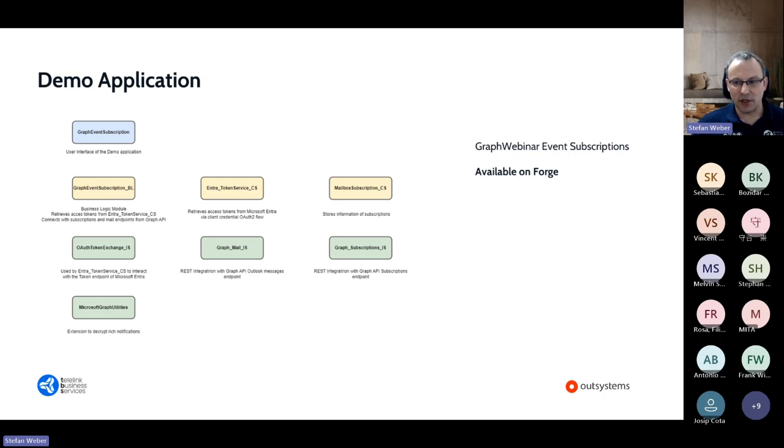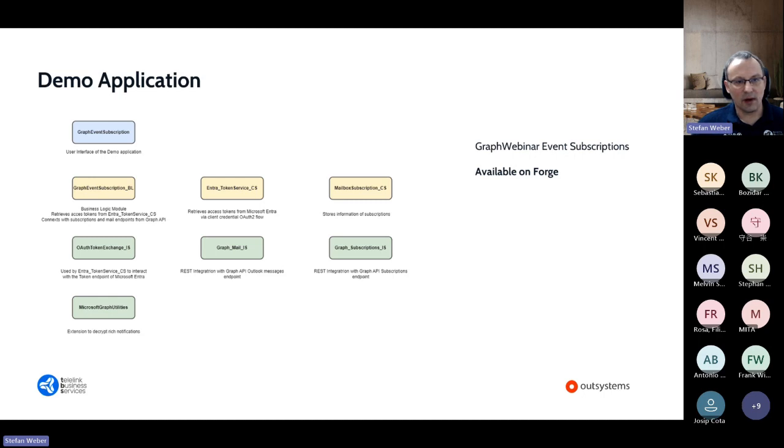Another core service for just storing all the subscriptions we have. And then some integration modules. One, some of you should remember, is for getting access tokens from an identity provider. This is a component I made available on Forge.